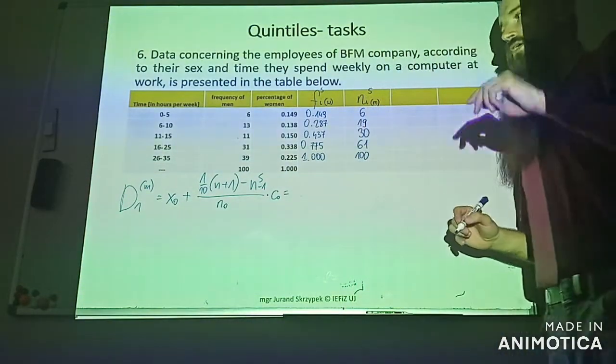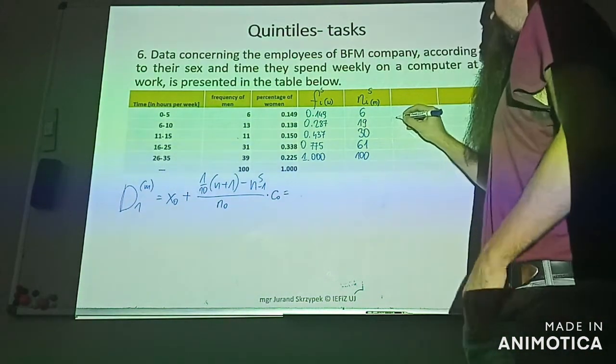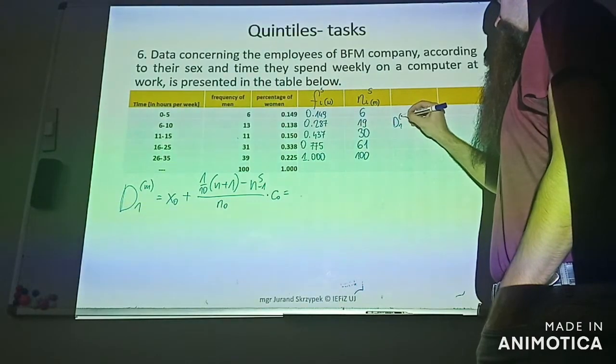In our example, the first decile is placed in the class where we have a cumulative frequency higher than 10. Yes, because 10% of the population is simply 10. It happens in the second class.